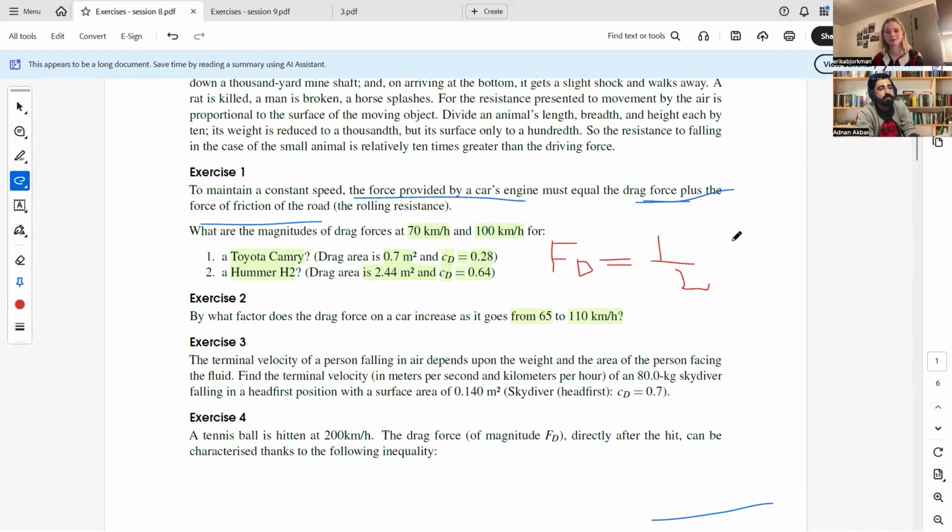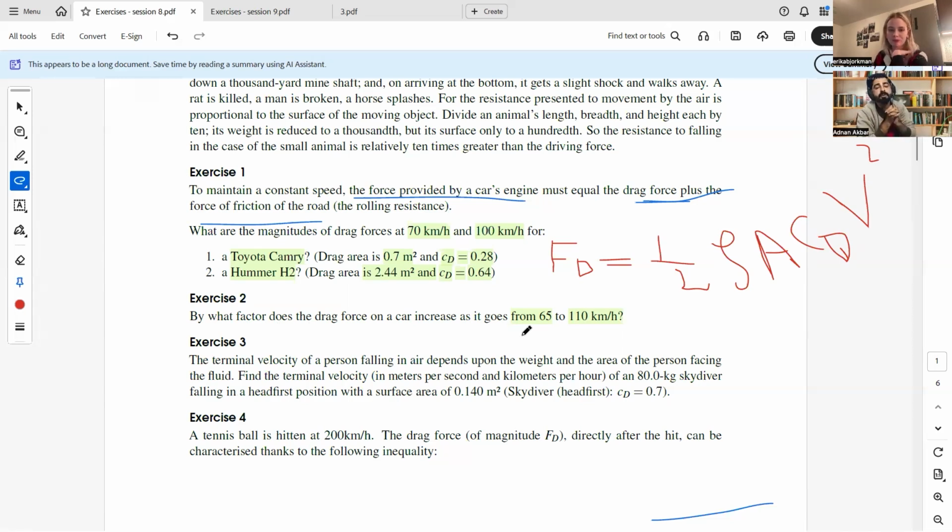Half rho A C D V square. These are the factors. And from the statement, by what factor does the drag force on a car increase as it goes from 65 to 110 kilometers per hour?